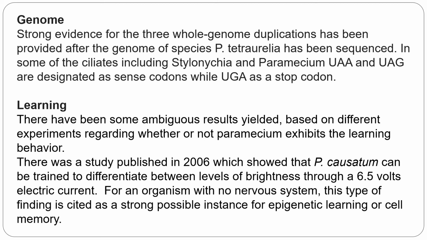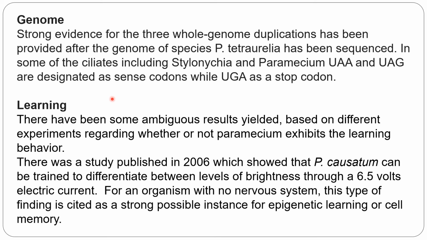Let's come to know about the genome. Strong evidence for three whole genome duplications has been provided after the genome of the species Paramecium tetraurelia was sequenced. So it has been studied in the laboratory for DNA sequencing.